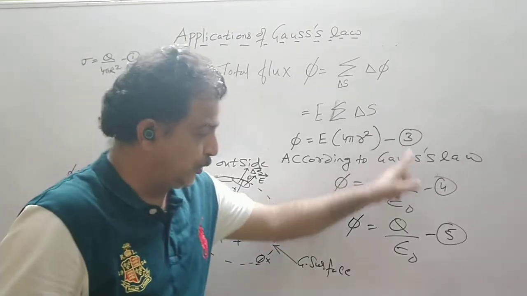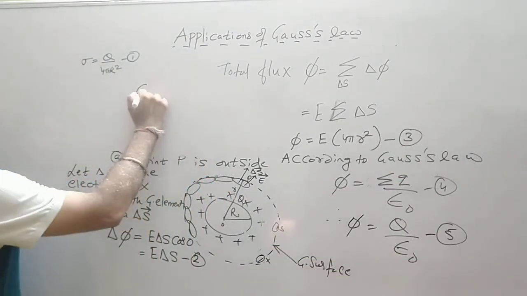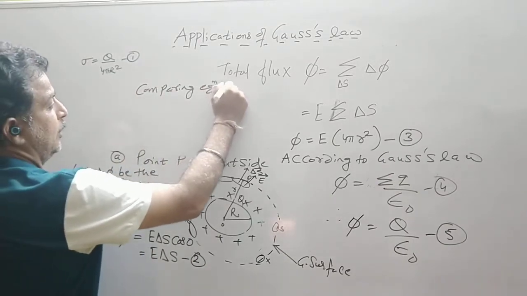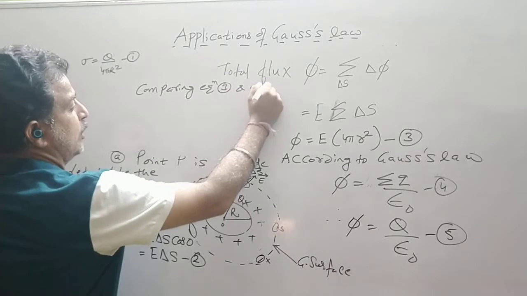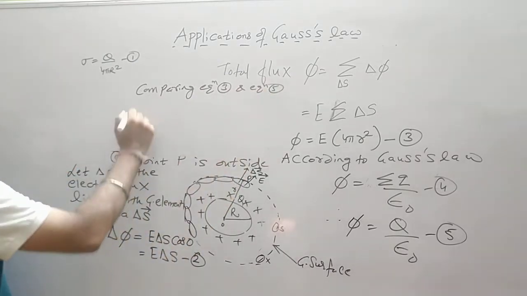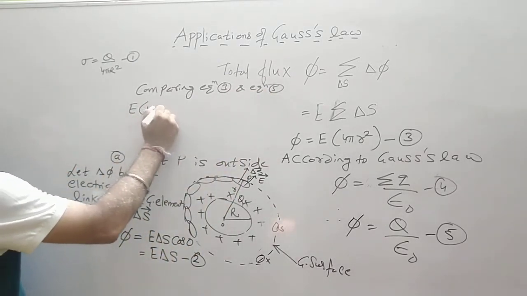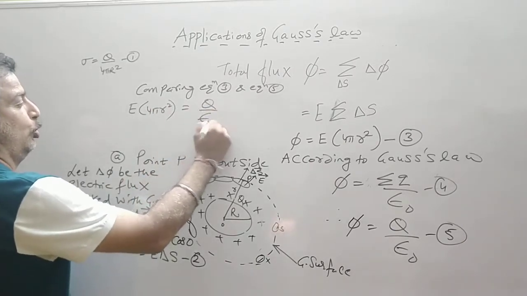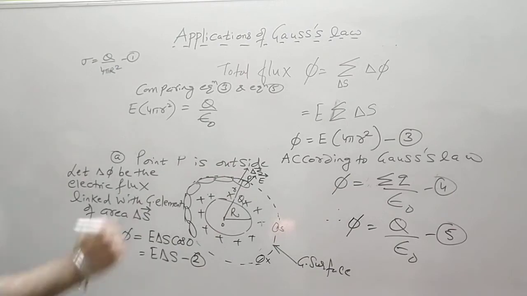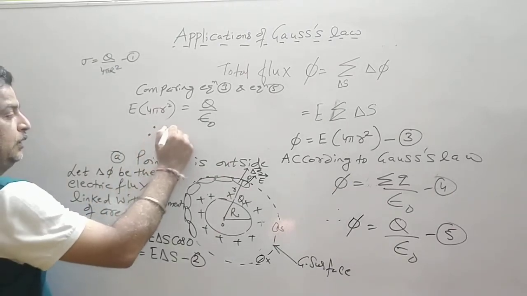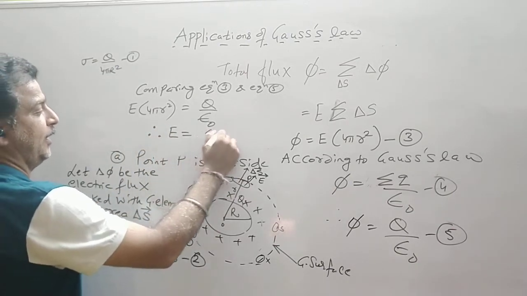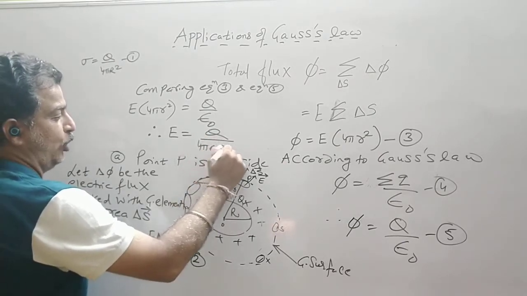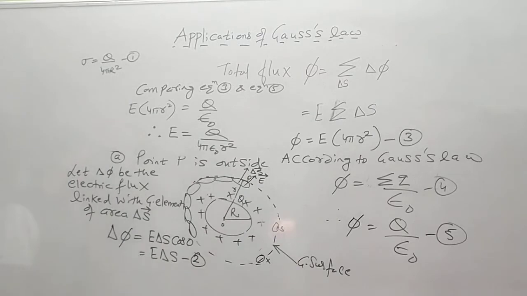Now I compare equation 3 and equation 5. E times 4 pi r square is equal to Q upon epsilon naught, and therefore the electric field intensity is Q upon 4 pi epsilon naught r square.